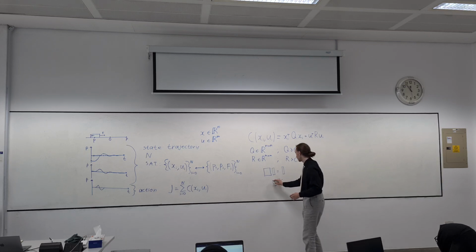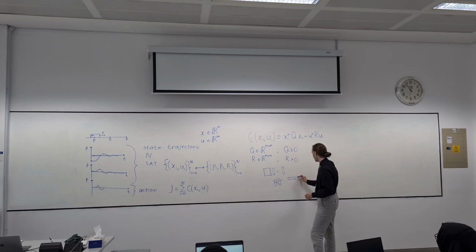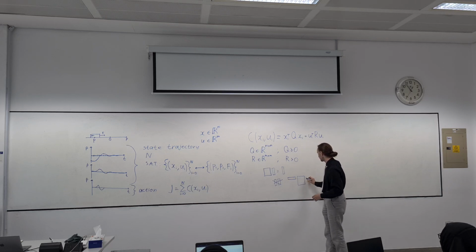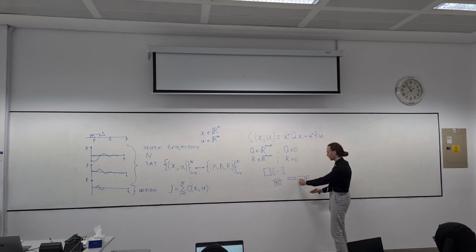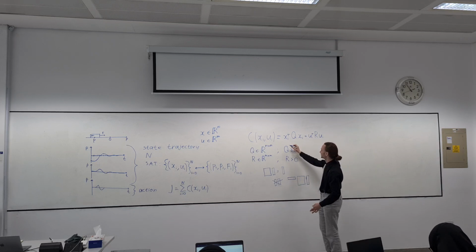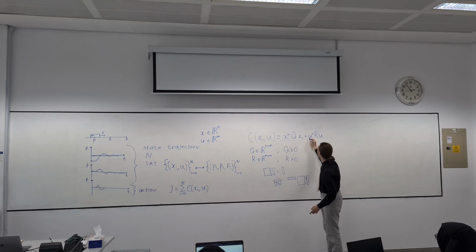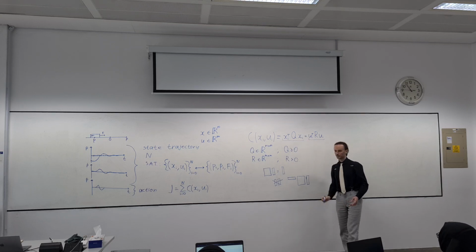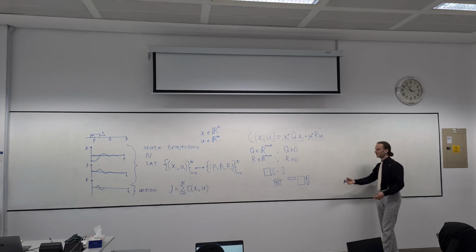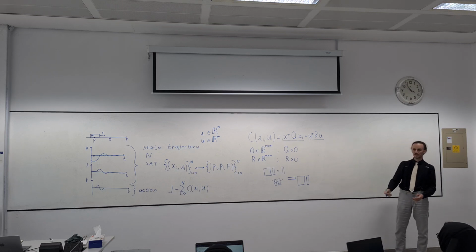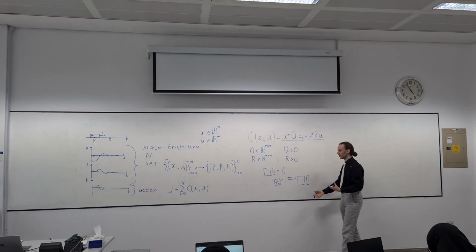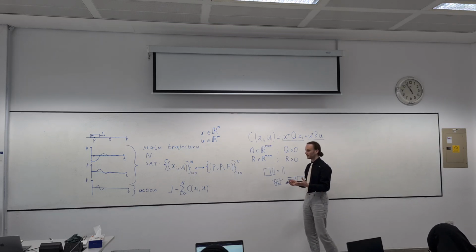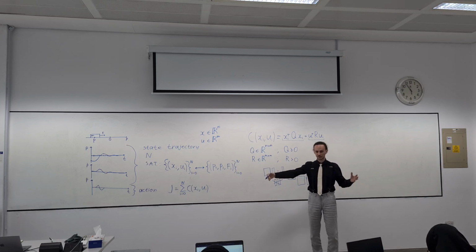So what we do instead is we transpose the state vector, multiply it by the matrix, and multiply it by itself. So here we get the column, we multiply them, and get a scalar, just a number, and this is a scalar as well. It means that the cost of each step is just a value, a number. We can sum them up, and it will give us a single value, the cost of the whole trajectory.